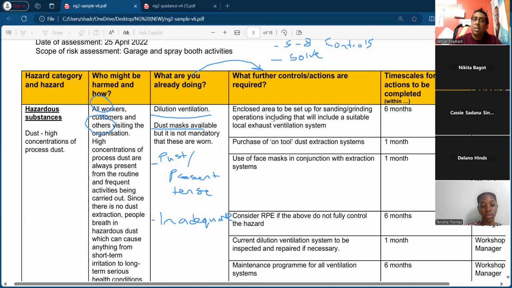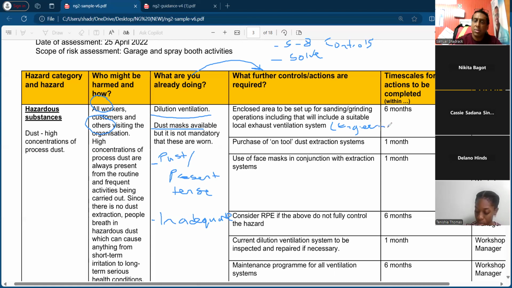If I say enclosed area to be set up for sanding and grinding, this could fall under engineering control. You can find the hierarchy in your book. Chapter 3, right?